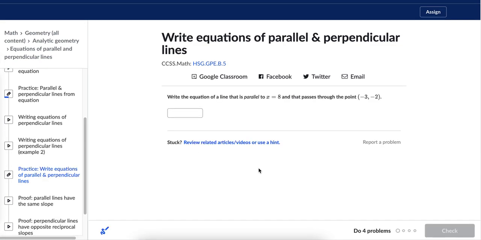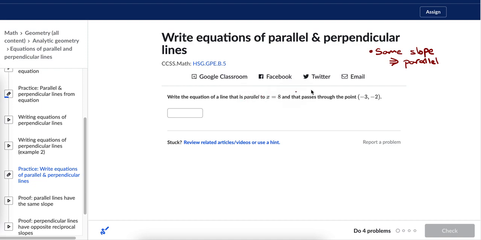Okay. So writing equations of parallel and perpendicular lines, we're being asked to actually write equations of parallel and perpendicular lines. So here we'll actually see the opposite sign reciprocal at work as well, right? So we're just going to remind ourselves, first and foremost, that again, same slope implies that the lines are parallel.